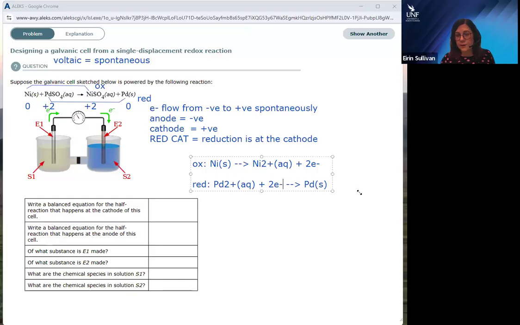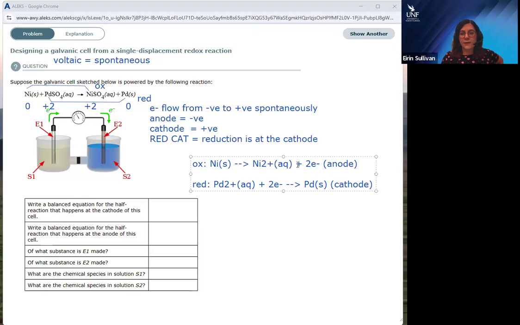Okay, so we have a reduction and an oxidation half reaction. We know reduction occurs at the cathode. That is our positive electrode. So the electrons should be flowing to the cathode, and our oxidation half reaction is the one that's going to be happening at the anode. That is where the electrons are leaving from.